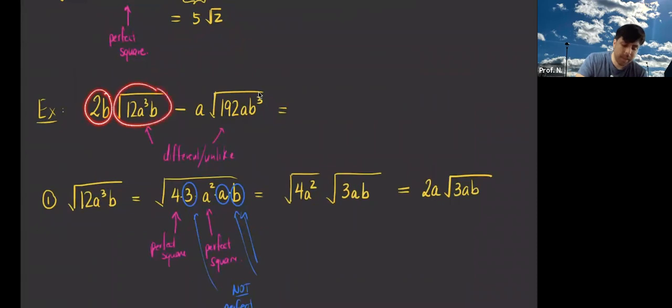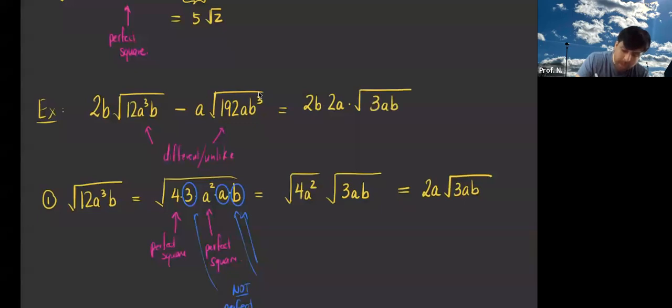All I did was break down the radical. So I simplified the radical to 2a, and now I can write this as 2b multiplied by 2a, the square root of 3ab. And if I combine this, this becomes 4ab rad 3ab. So far, that's what I have.